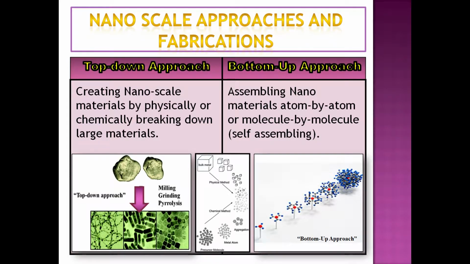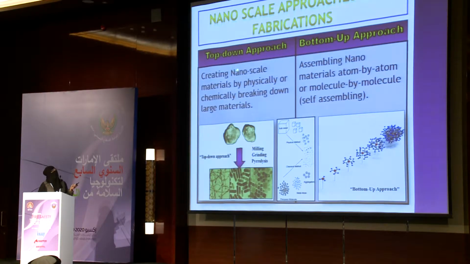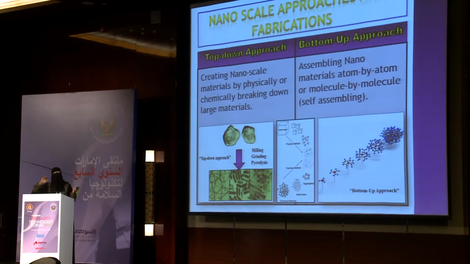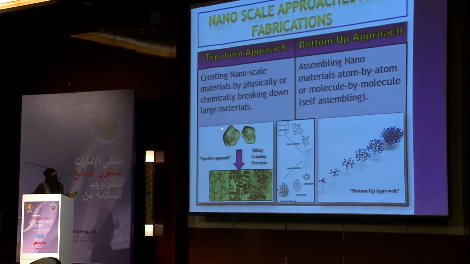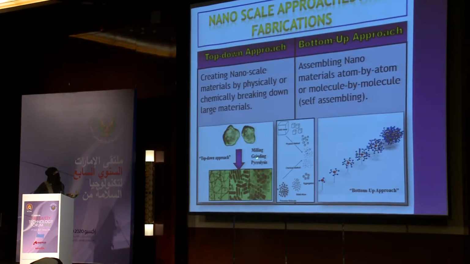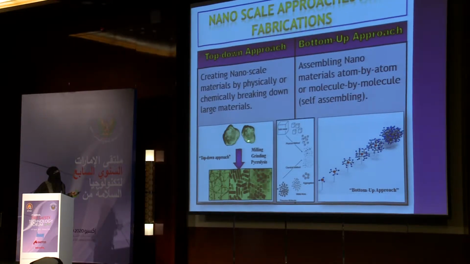The first one is called the top-down approach, which can reduce and break down large pieces into very small parts at the nanoscale. This can be done by using mechanical, chemical, and other forms of energy.